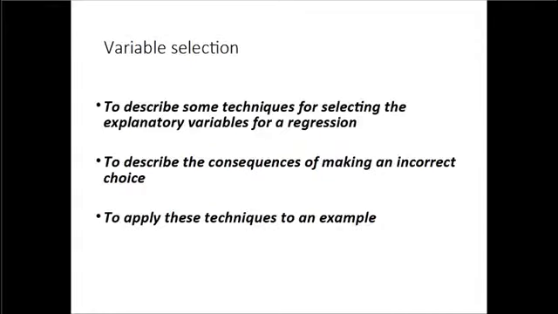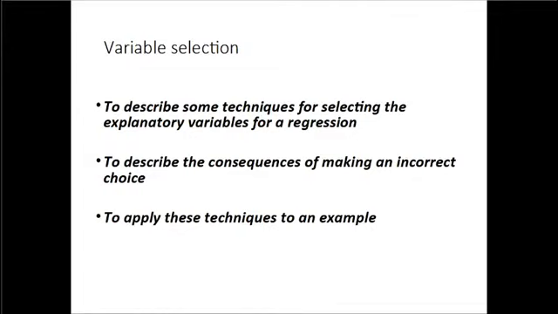So what is variable selection? Well, it's the selection of the important variables in a regression model. In a regression problem, you have quite a few, actually too many, explanatory variables to start with, but not all of them are important for your regression model.